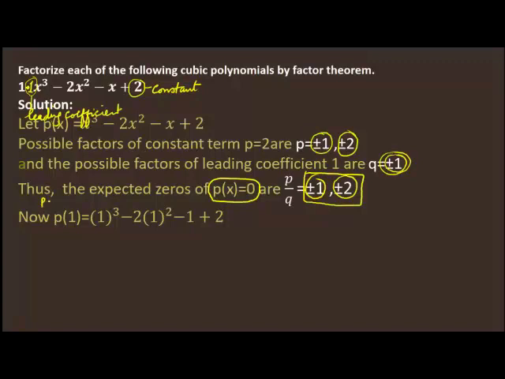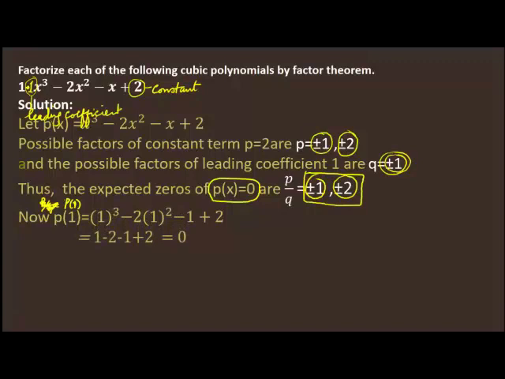Suppose p upon q is, or we can say p of 1, means x is 1, right? So we will put 1 instead of x, it will become 0. So 1 is the root.